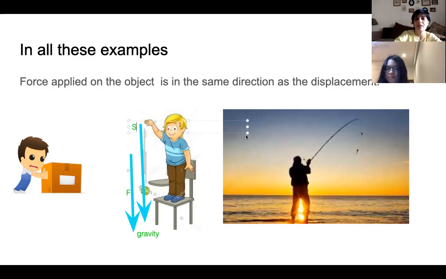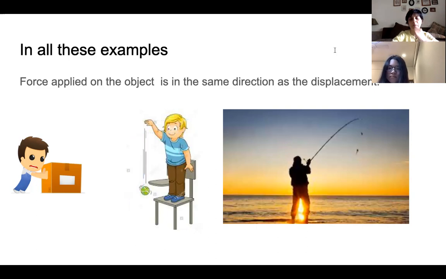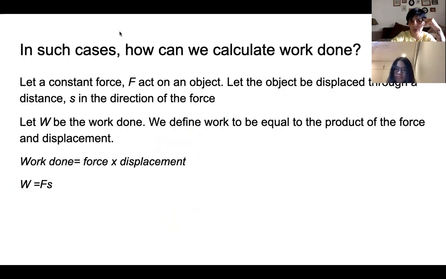So these are all examples that I've shown you in which the displacement of the object is in the same direction as the direction of the force applied by the object which is doing the work. Okay. And in all such cases, it is very simple to calculate how much work is done.